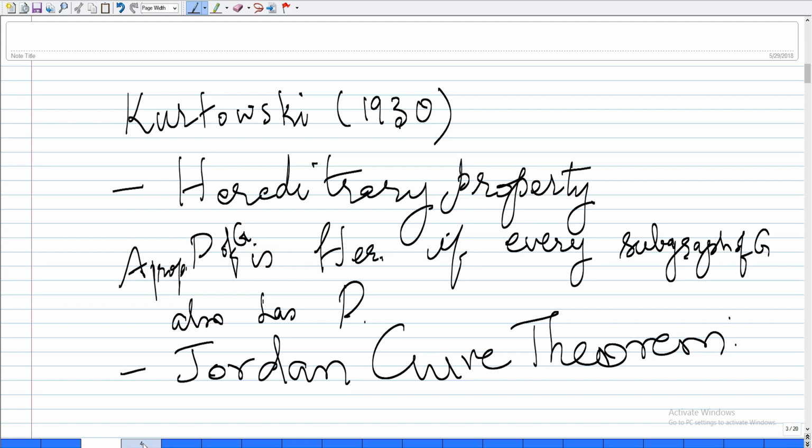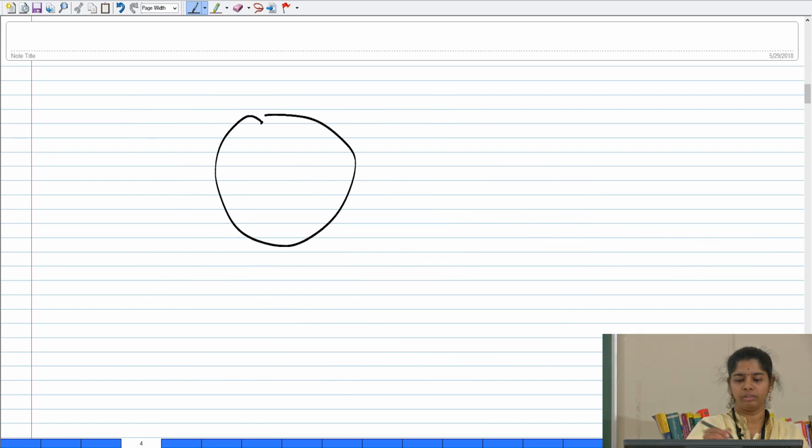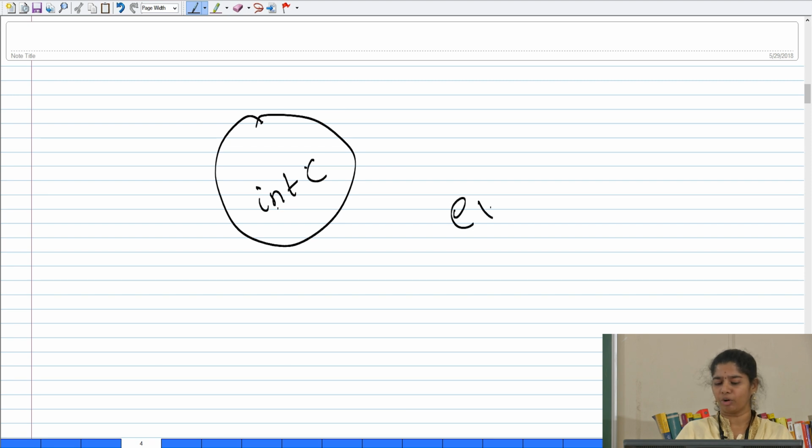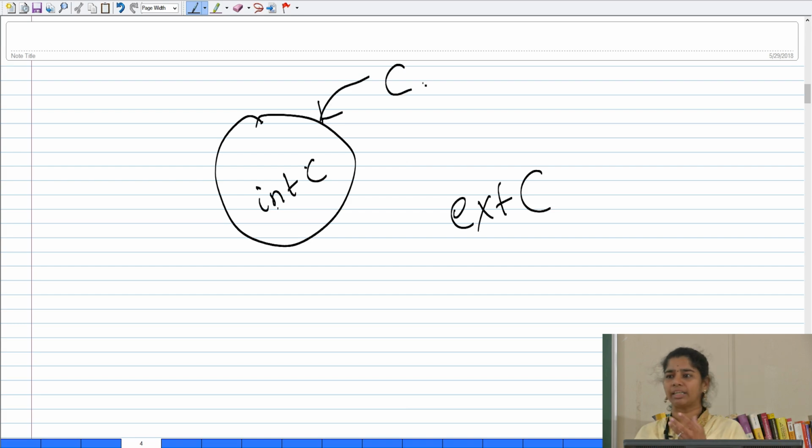Suppose we have a closed curve, then this closed curve divides your planar region into three different domains. One is this interior part, the bounded region. This is called the interior of the curve, and this portion is called the exterior of the curve C, and the curve itself is there. So, that curve forms the boundary for these 2 regions.